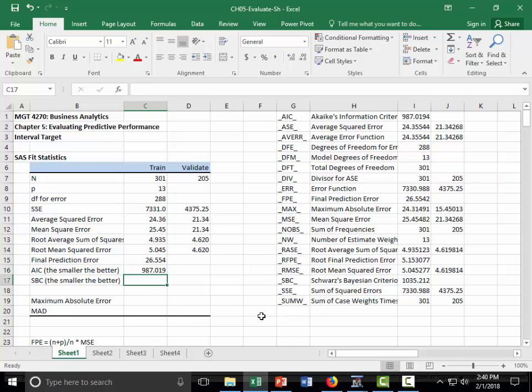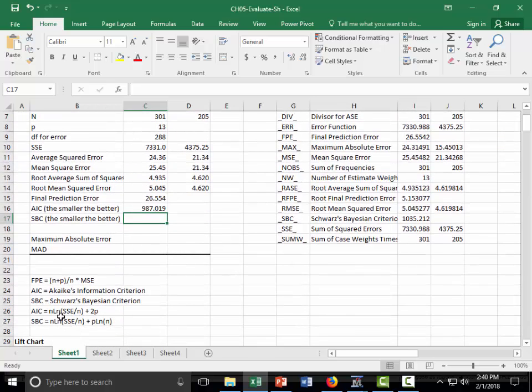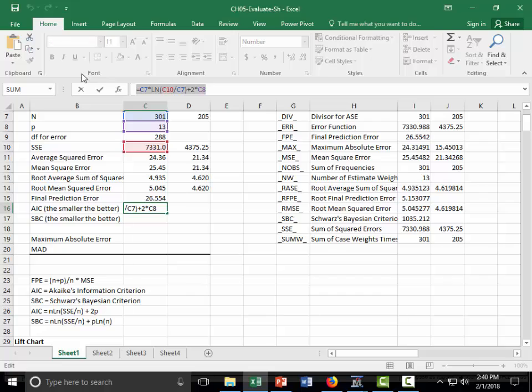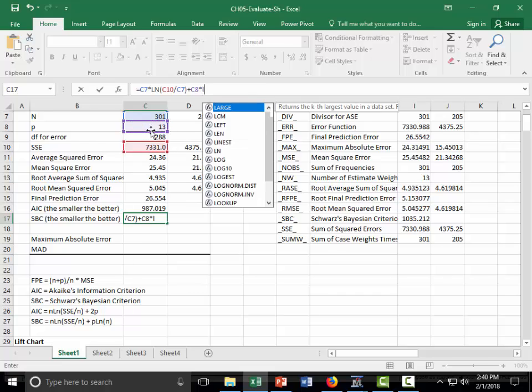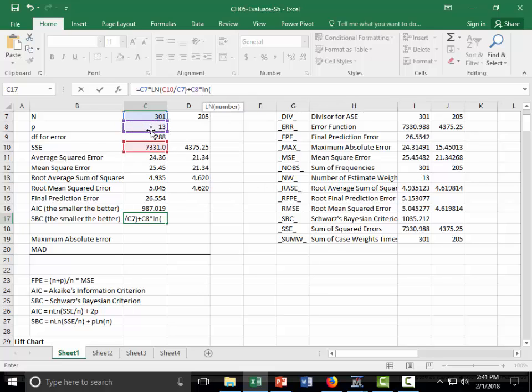Schwartz is calculated slightly differently. The first term is the same, the second term is p times ln of n. So what I'm going to do is edit the cell, copy that, and change that part alone. p times ln of n.